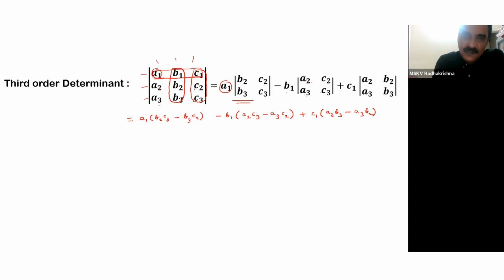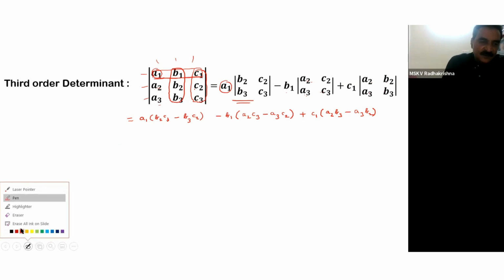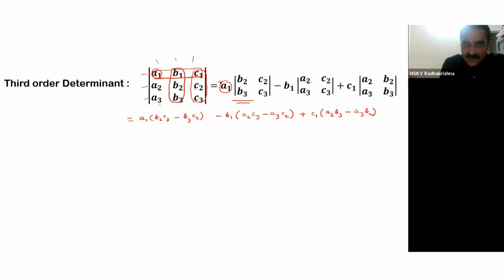Now, similarly, if you want to calculate the determinant using second row, for first row, for first element we have taken plus sign, for second element we have taken minus sign, for third element we have taken plus sign.